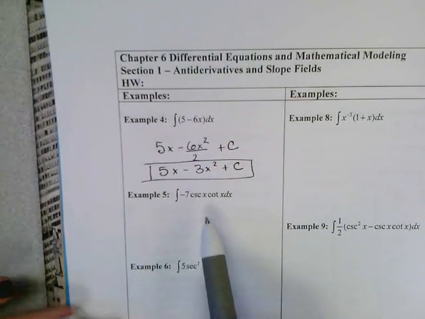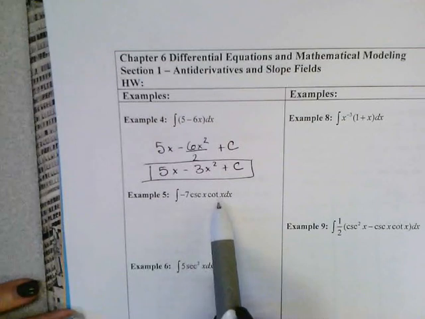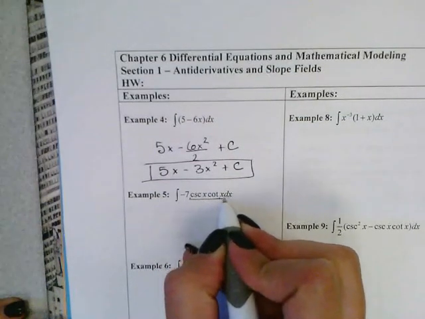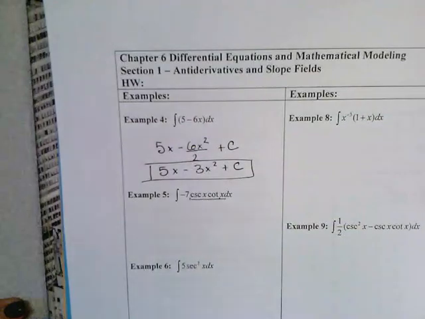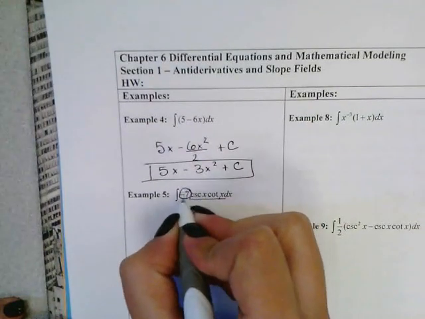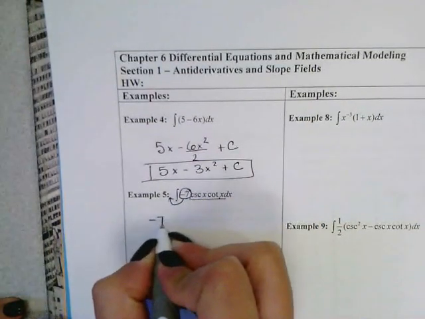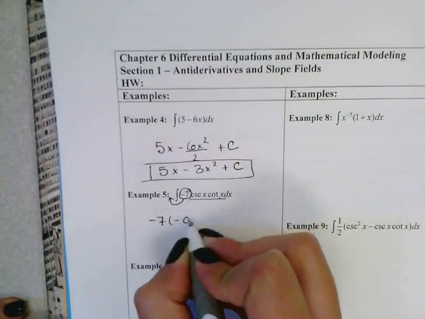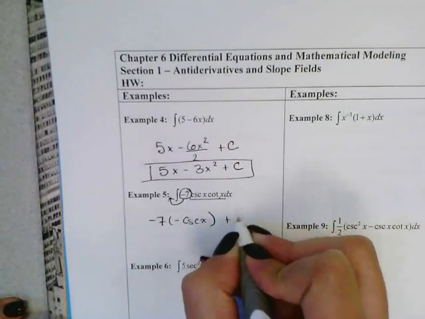Alright, these will be easy if you remembered that the integral of cosine of x tangent of x is cosecant, or negative cosecant. So remember, you take out the coefficient, and then the integral of this is negative cosecant of x plus c.